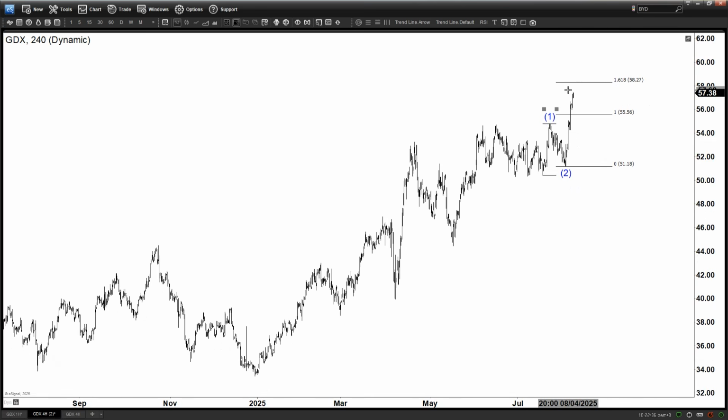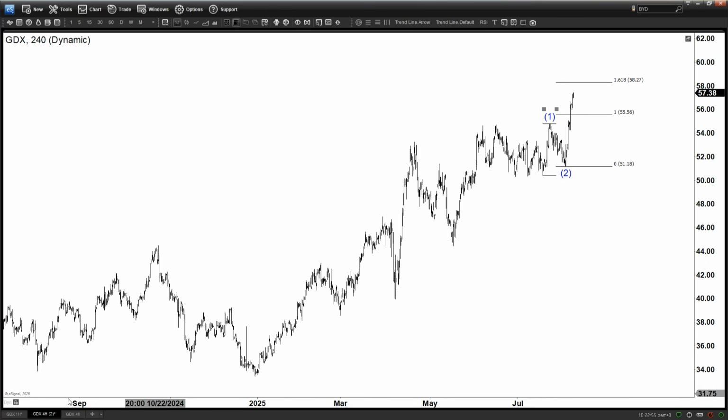So this is good. That means the gold miners actually already start to outperform the gold itself, right? The gold has been sort of sideways for a couple of months now, but I think the miners continue to outperform and continue to extend to the upside.